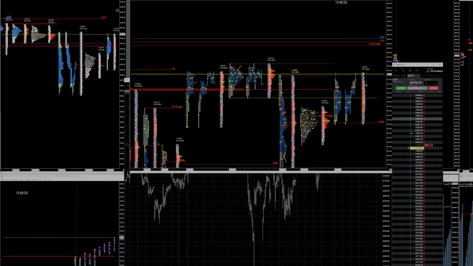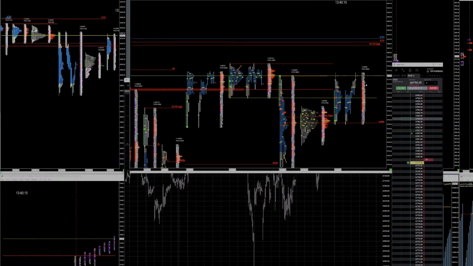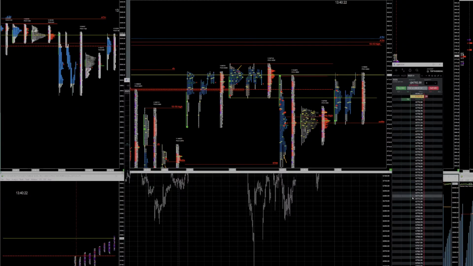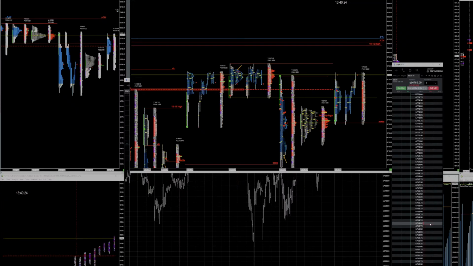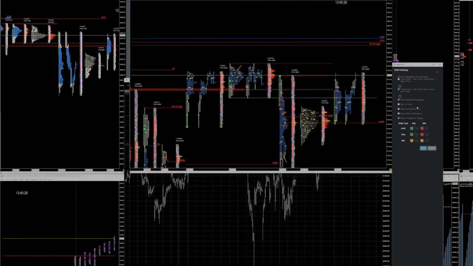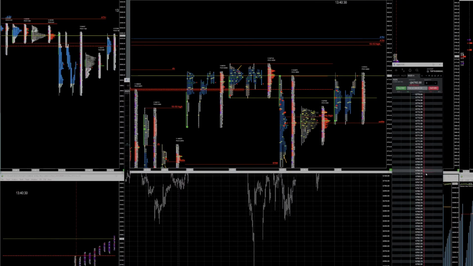It has been a slow day, so it may grind its way higher here. 68 sell.